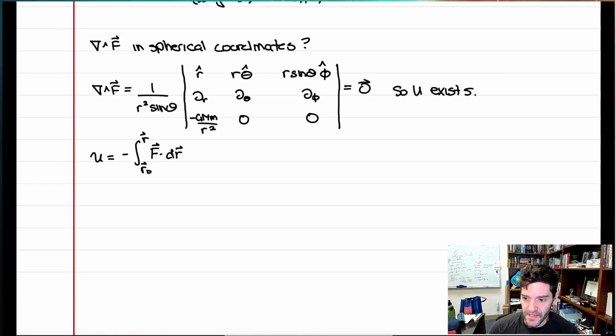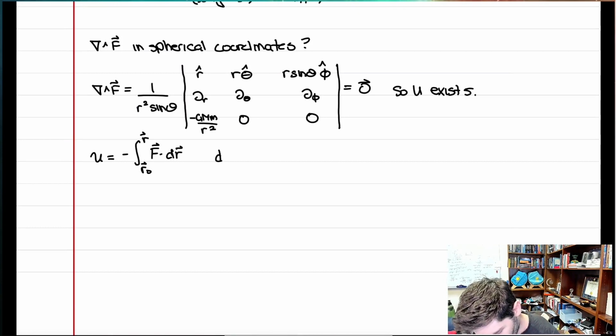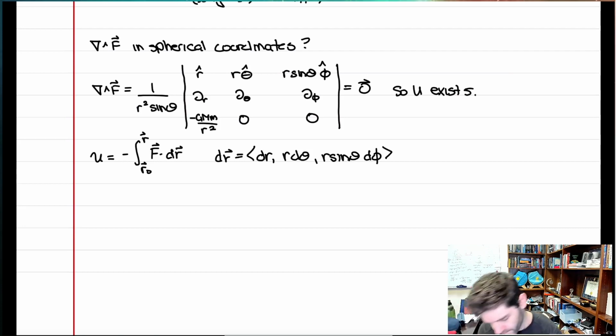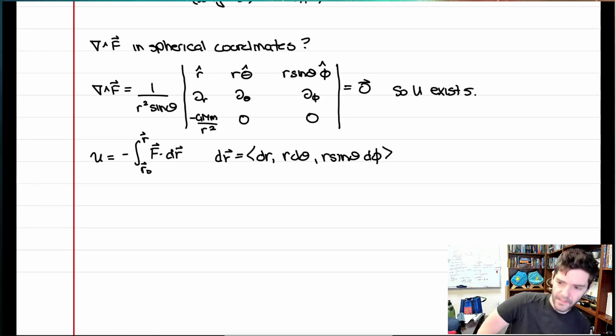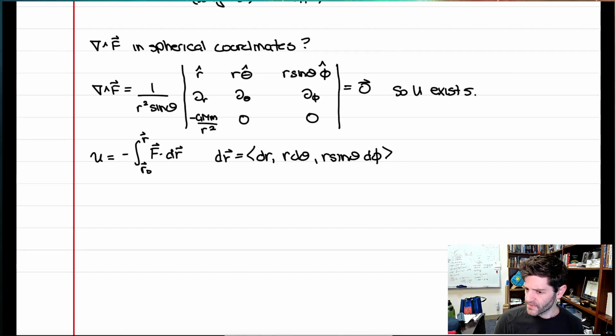I need something for dr, which again will motivate where this comes from, but dr in this case is not just dx, dy, dz, but it's dr, r d theta, and r sine theta d phi in spherical coordinates. And I think these are also written somewhere in the covers of your book. If not, it's on a handout I'm about to make available to everyone.